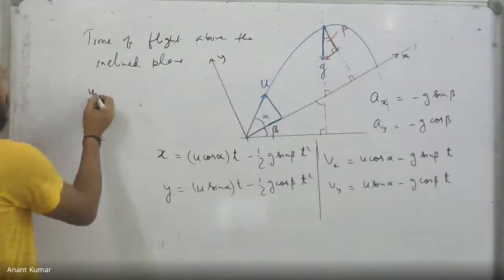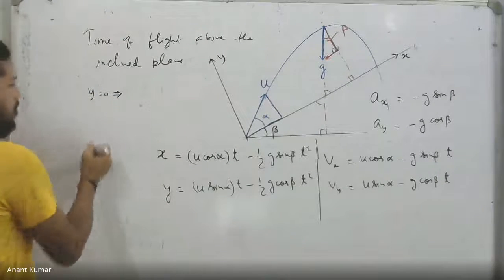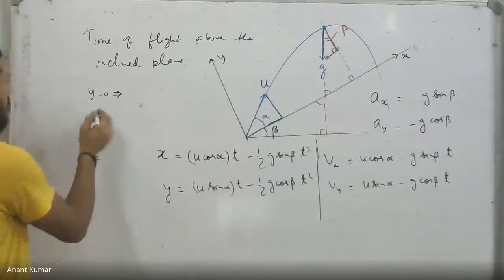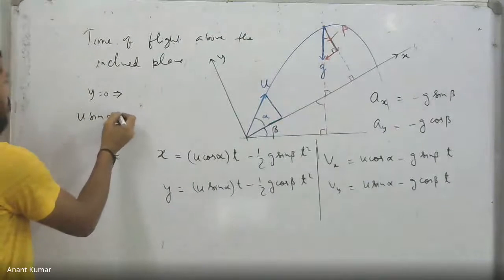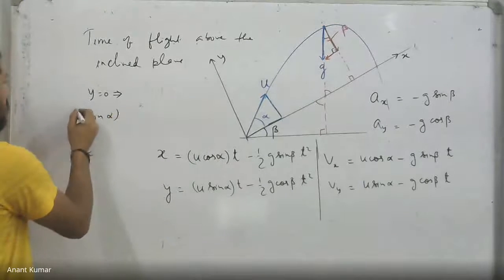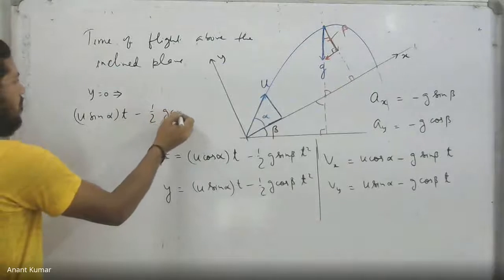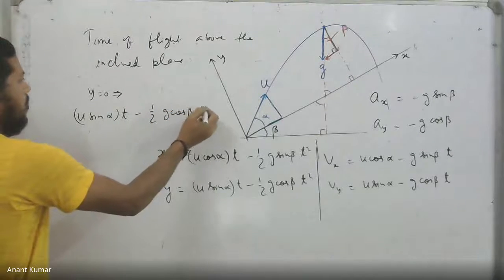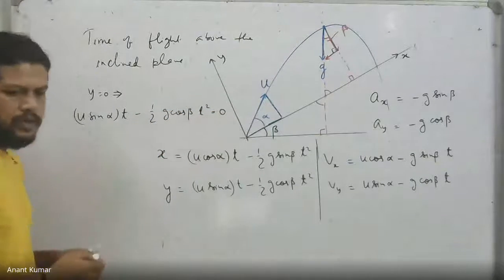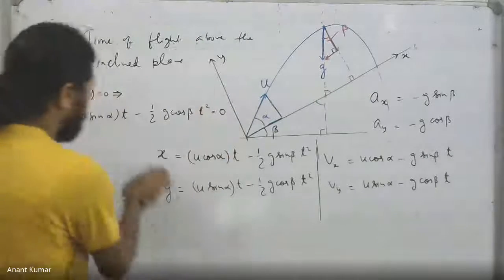This equation will give us u sine alpha into t minus half g cos beta into t square equal to 0.